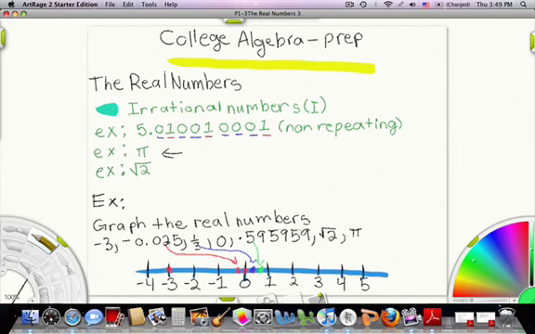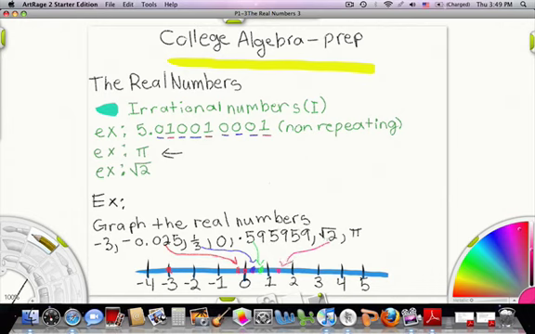And here we have square root 2. So square root 2 is, if you recall, like 1.4, and it goes on forever, non-repeating. So a non-repeating decimal would be an irrational number. So square root 2 is an irrational number, and it's 1.4. And let's just use this purple color. So 1.4, we'll call that like right here.